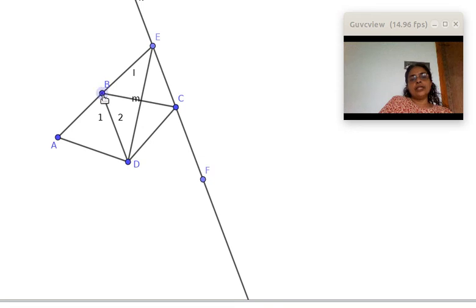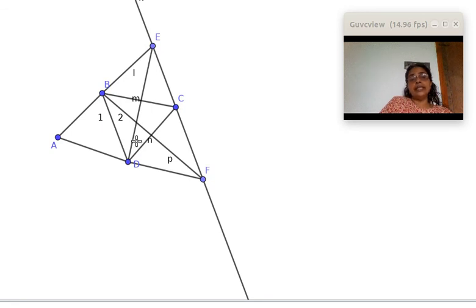You can draw a triangle also at F. Now also you get a triangle here, ABF. Here the triangle AED.